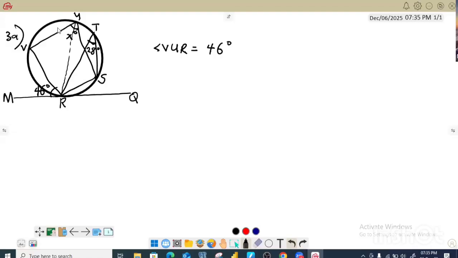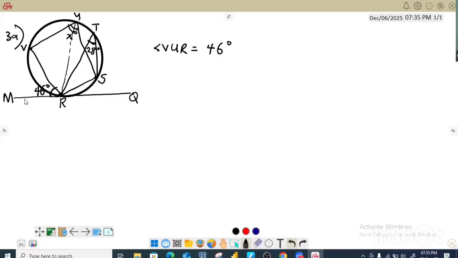You can see that line VU and line RU both started from this chord point. So the angle they make at this point must be equal to the angle the chord is making with the tangent. That is what they call angle in alternate segments.